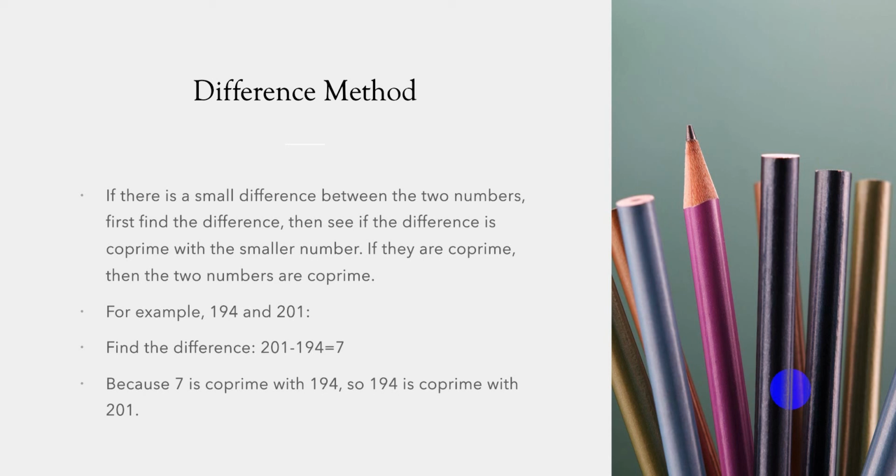So we find the difference, which is 7, and then compare it with the smaller number and see if 7 is coprime with 194. And it is, so 194 is coprime with 201. We can see if 7 is coprime with 194 using the other methods like the pattern method or the conceptual method.